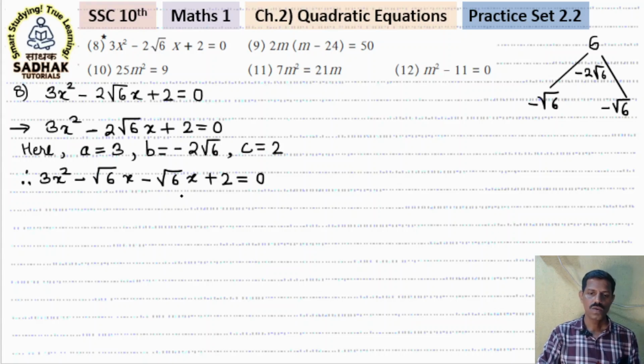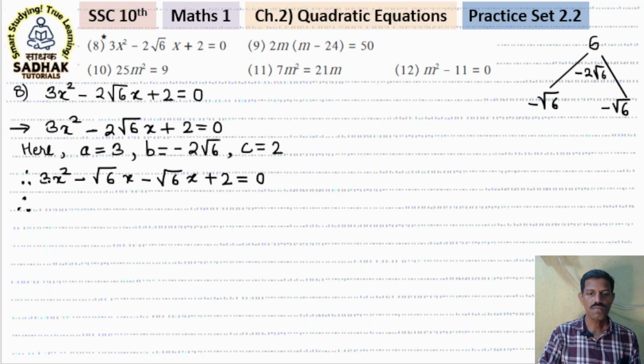When we look at it for the first time, we don't see anything common, but if we simplify it, we will realize that there are some common things. So let us simplify it.